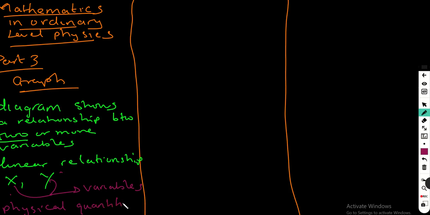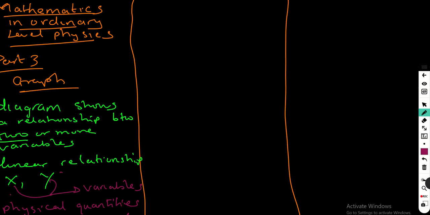So x or y can be current, force, acceleration, length, mass, etc. So x and y are variables and they are physical quantities. You can have length, acceleration, mass, and so on.